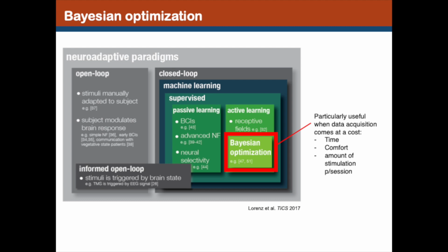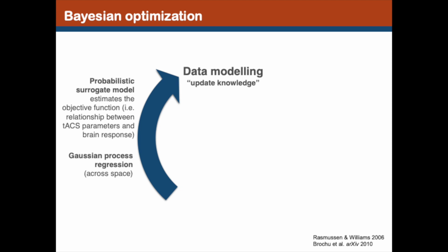Okay, so you can think about Bayesian optimization as an iterative closed loop approach where you have two stages. Your first stage is the data modeling, where you have a probabilistic surrogate model that is estimating your objective function.